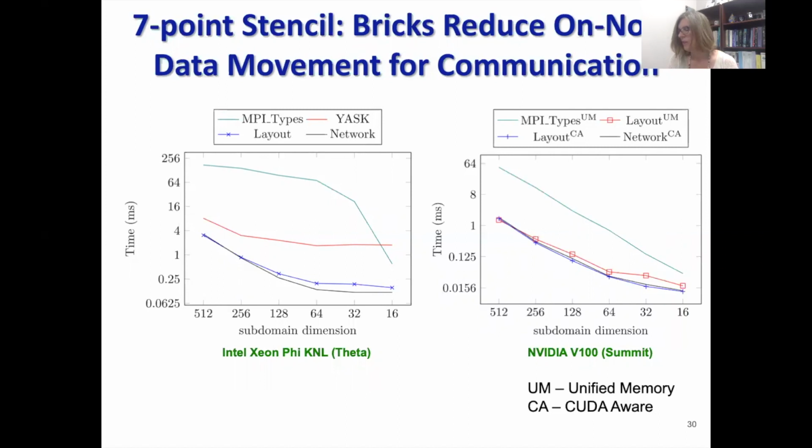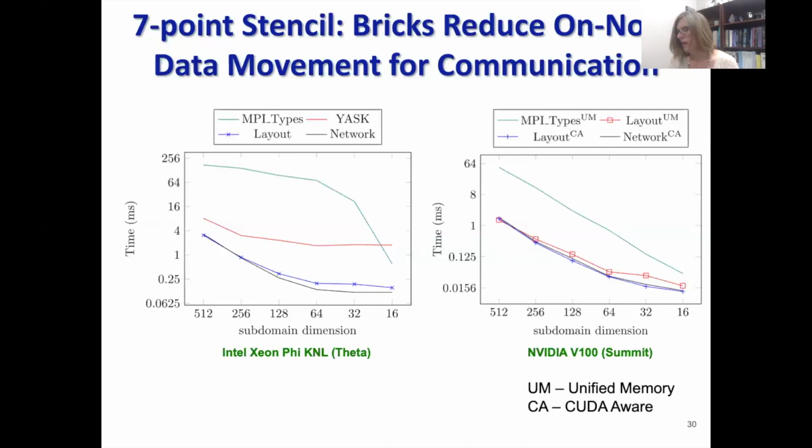The other curve, labeled YASK, is a state-of-the-art adaptive stencil framework for KNL. It performs packing and is substantially slower for the small subdomain sizes, but performs pretty well for the larger ones. Using MPI types, which is a common approach to optimizing this packing, will still internally pack messages, and it results in the worst performance overall.